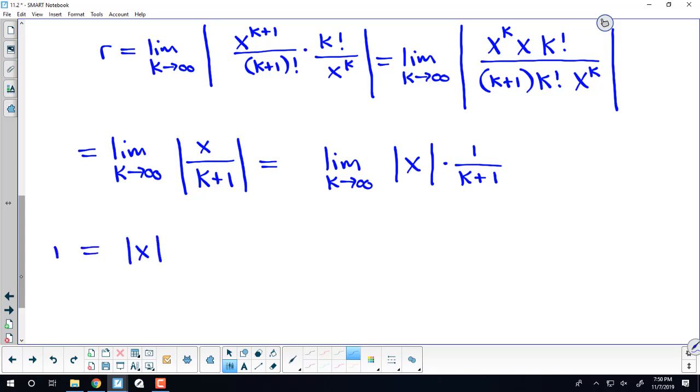And so the ratio is the absolute value of x times the limit as k approaches infinity of 1 over k plus 1. And the limit at infinity is equal to 0.